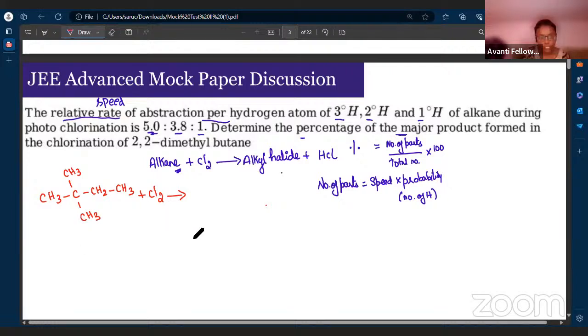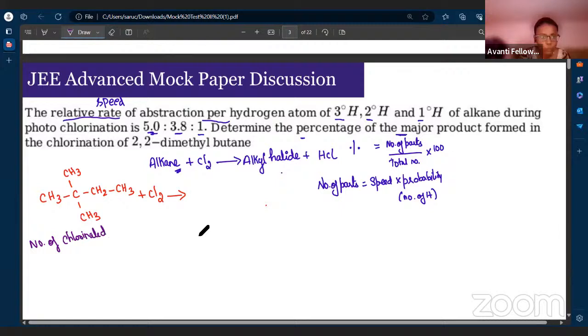Now, what is meant by the number of different environment hydrogens? You have to check each and every alkyl, that is the carbon group, and find whether the hydrogen is attached to the same type of thing. Then it is said to be in the same environment.